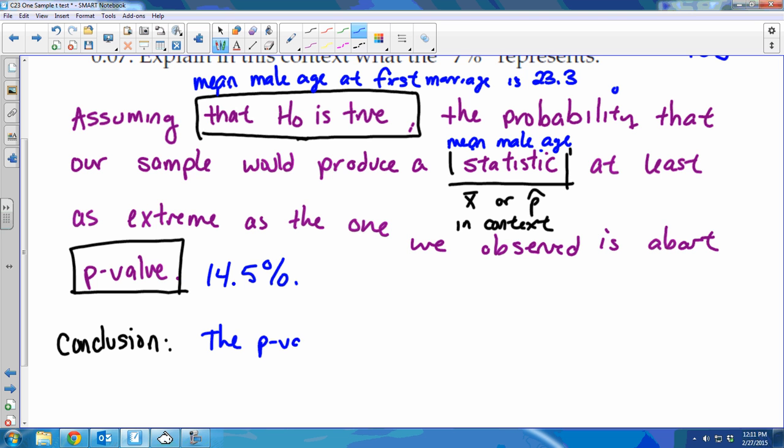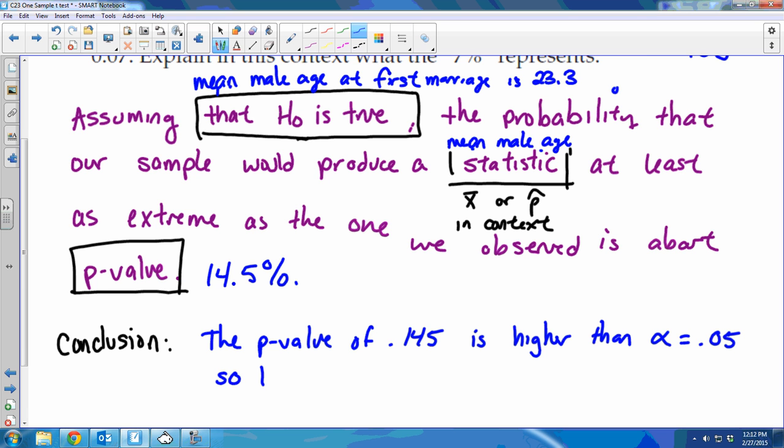The p-value of 0.145, because you need to give it, it's higher than alpha equals 0.05. They didn't give us one, so I'm using that. But it tells me what it's higher than. So if it's high, what do I do? So I will fail to reject H naught.